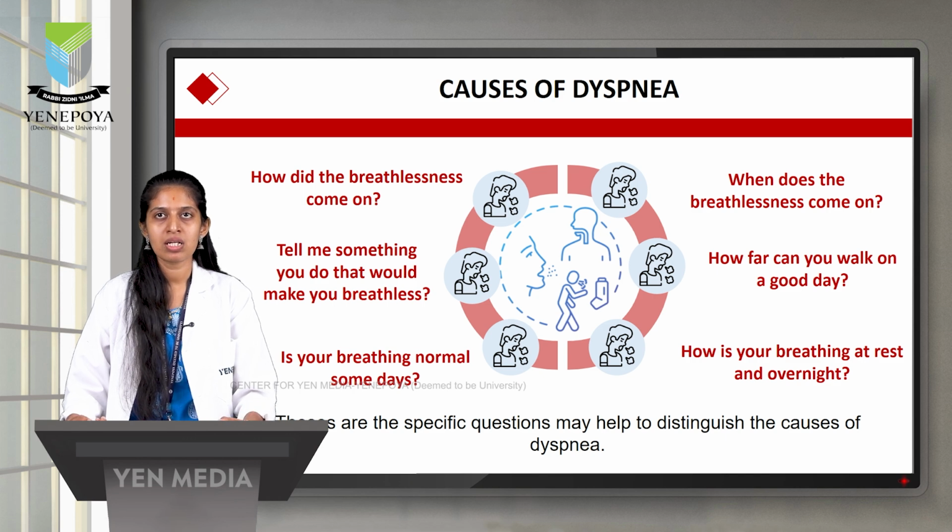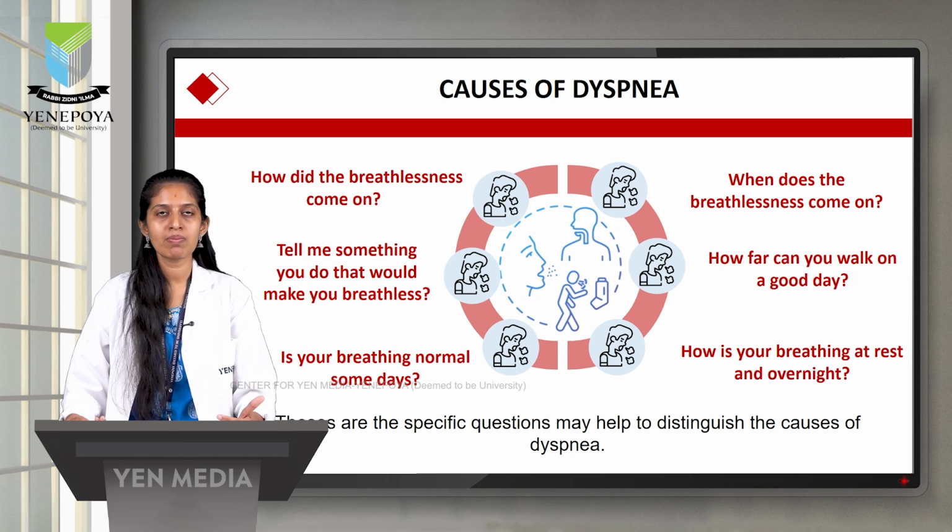The next question you can ask is, when does the breathlessness come on? That is nothing but whether the person has breathlessness while doing exercise, or whenever the patient is walking. That is what we can try to know by asking this particular question. And then two questions you can ask simultaneously: tell me something you do that would make you breathless, or how far can you walk on a good day.